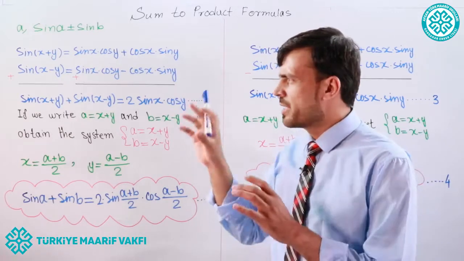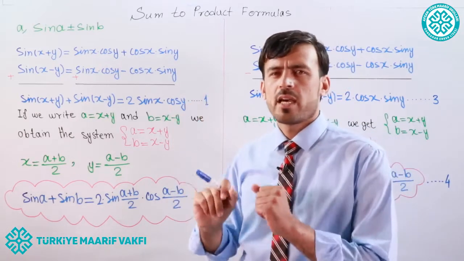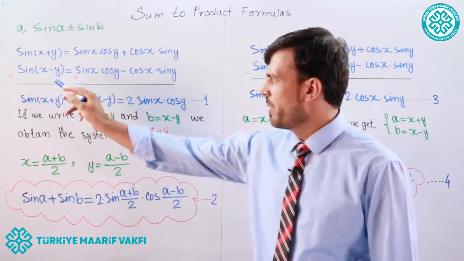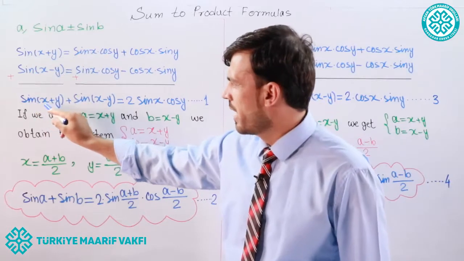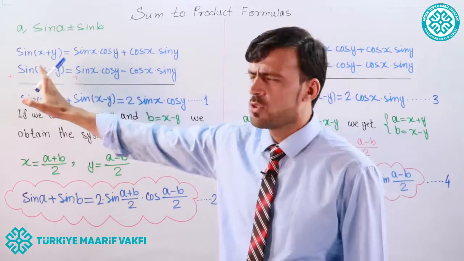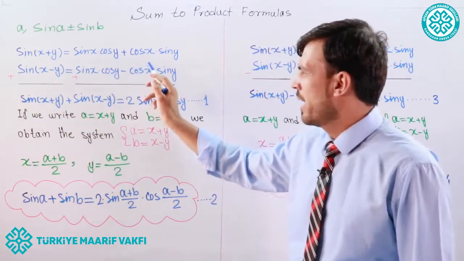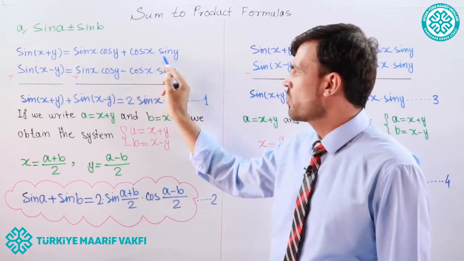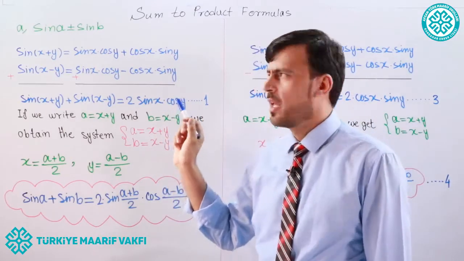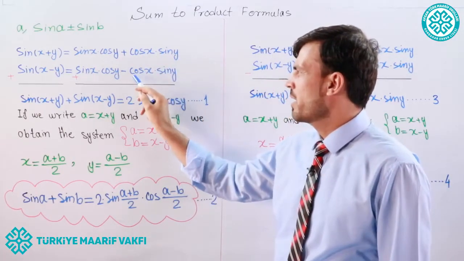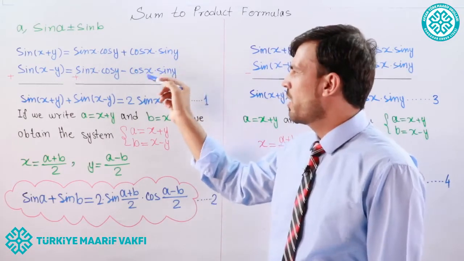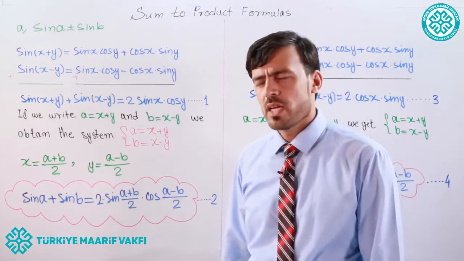I'm going to add these two formulas side by side. On the left side, that will be sine (x plus y) plus sine (x minus y). On the right side, the terms cosine x sine y and cosine x sine y are equal with different signs, so they cancel each other.